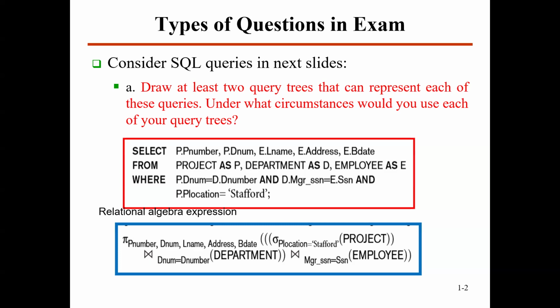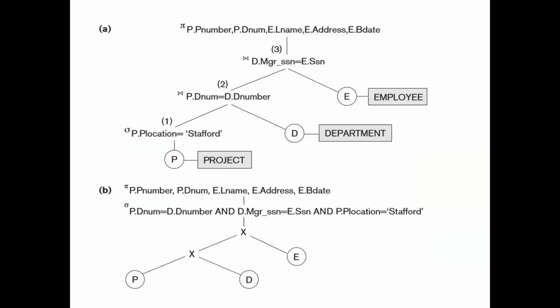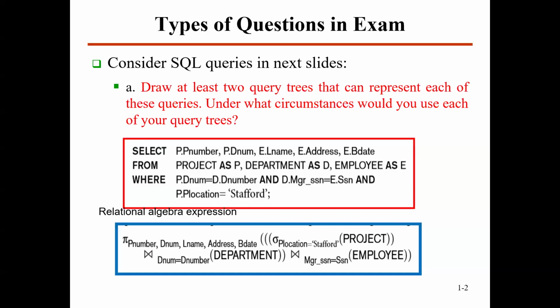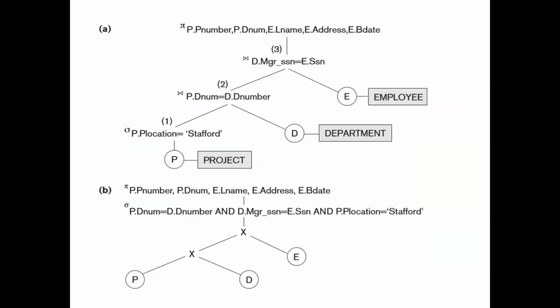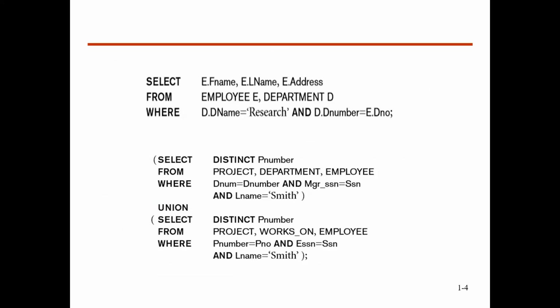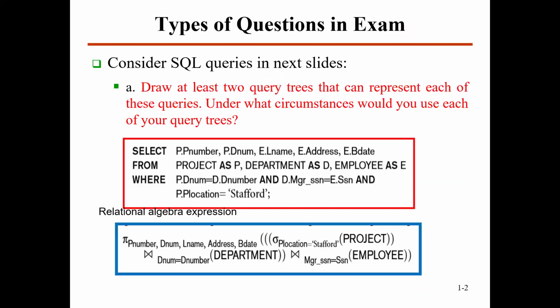So an SQL query will be given to you and you are going to write a relational algebraic expression for it. Then you are going to draw the query tree. This is the answer that you will give. Now I want you to pay attention to how the question will be asked and how the answer looks.